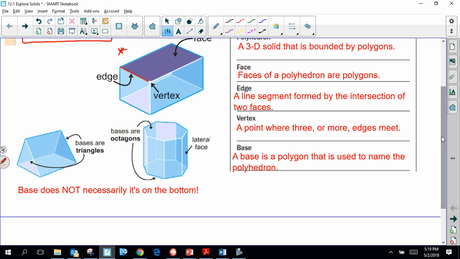For a pyramid, it's just going to be whatever shape is generally not necessarily a triangle, but it's going to be the one shape that's not going to meet the other faces at a vertex.